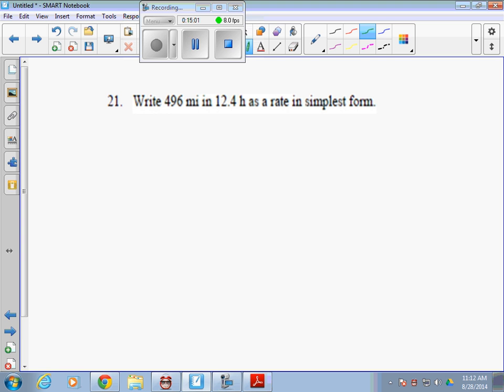21 says write 496 miles in 12.4 hours as a rate. Rate is equal to distance over time. Think of your speedometer. Miles per hour, miles over hours. So your distance in this case is 496, and your time in this case is 12.4 hours.